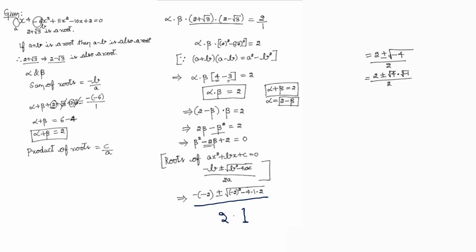So which is equal to 2 plus or minus root of 4 is 2 into root minus 1 is i, divided by 2. Now let's take 2 as common, which will be 1 plus or minus i divided by 2. Now let's cancel both the 2's. What is remaining for us is 1 plus or minus i.